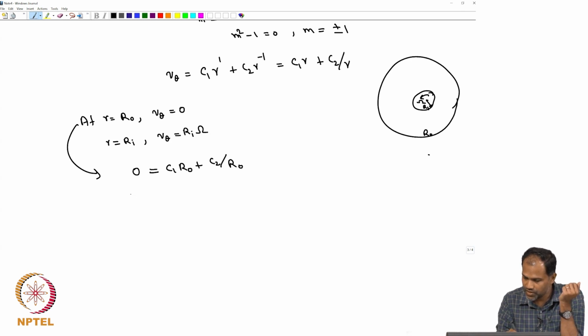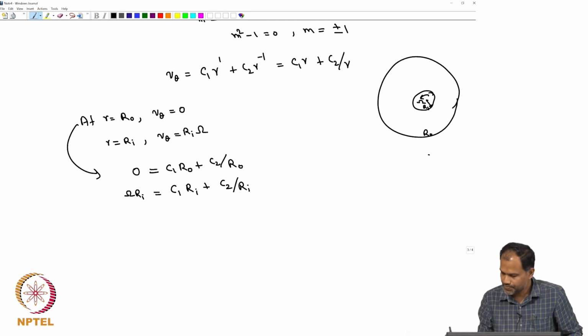The second equation tells you that omega Ri is equal to C1 Ri plus C2 by Ri.